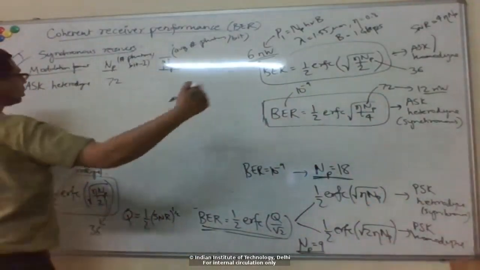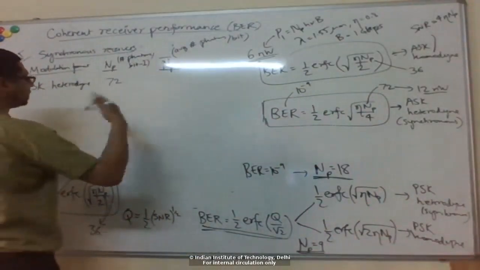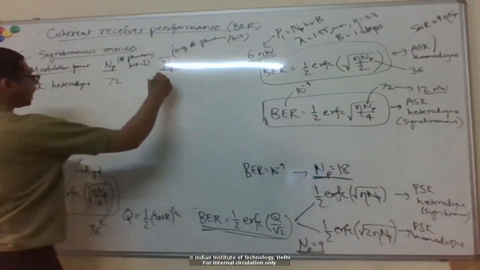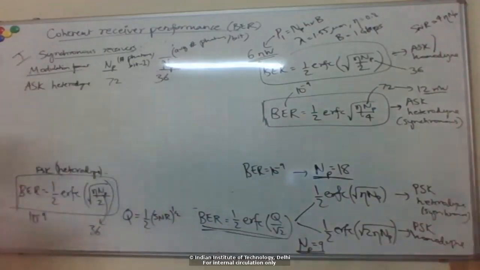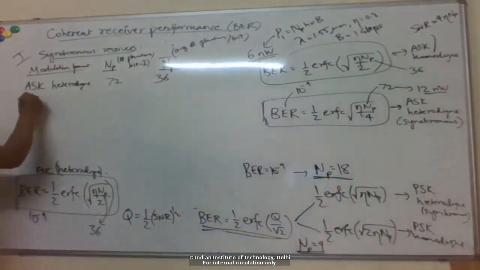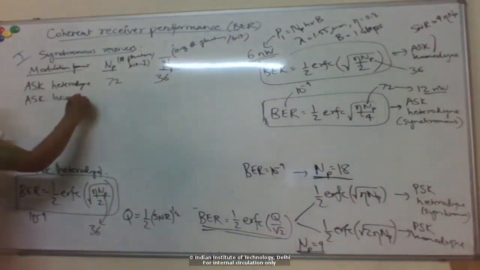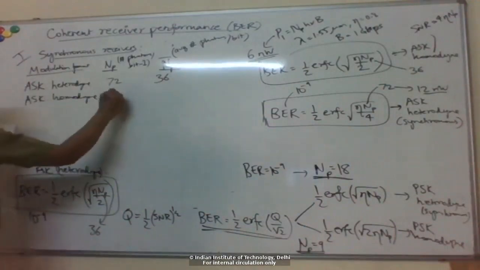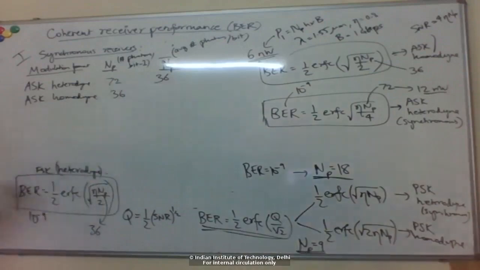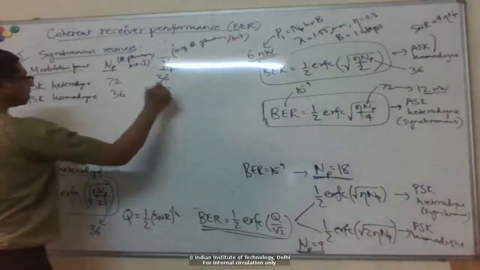So if we average over a long bit stream which has equal number of bit ones and zeros, then the average number of photons per bit I need is half of this. So now if we have homodyne, then this is half, right? And this is also now half.